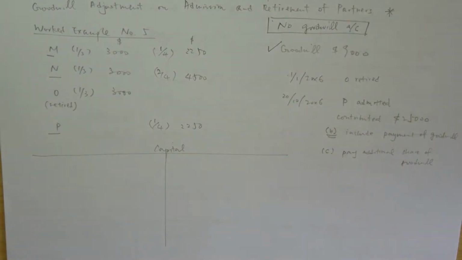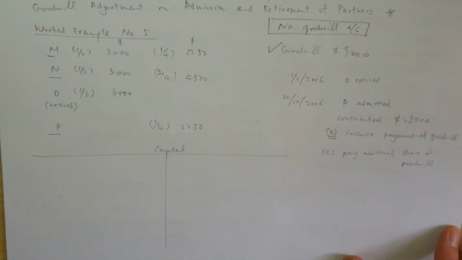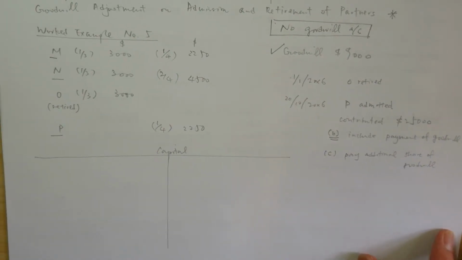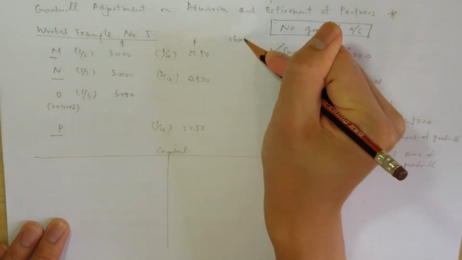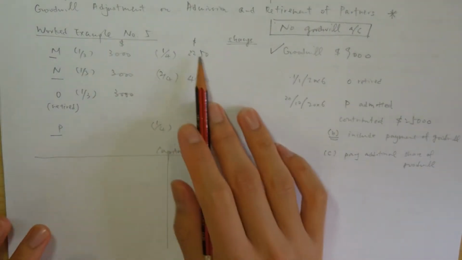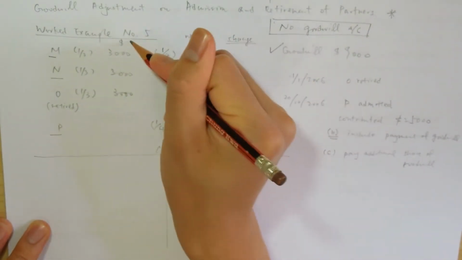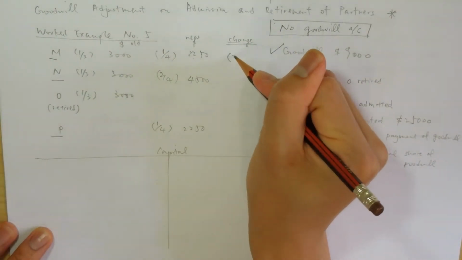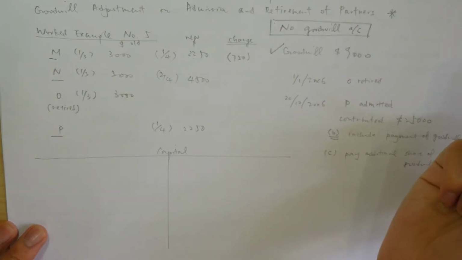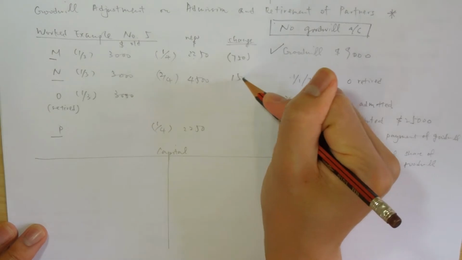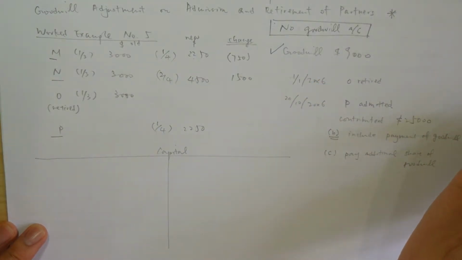Of course, we need to take a look at the overall changes. Remind you one more time, for the goodwill overall changes, it is the new one minus the old one. So you got negative 1,500 for M. For N it will be positive 1,500.